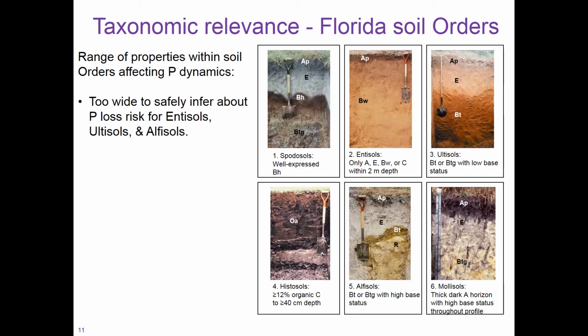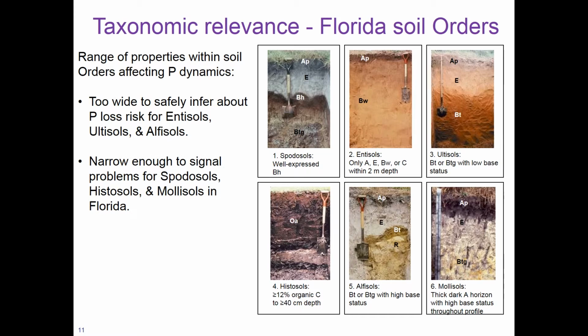risk for entisols, ultisols, and alfisols. They are narrow enough to signal problems for spodosols, histosols, and mollisols. That is because these three soil orders are associated with wetness in Florida.